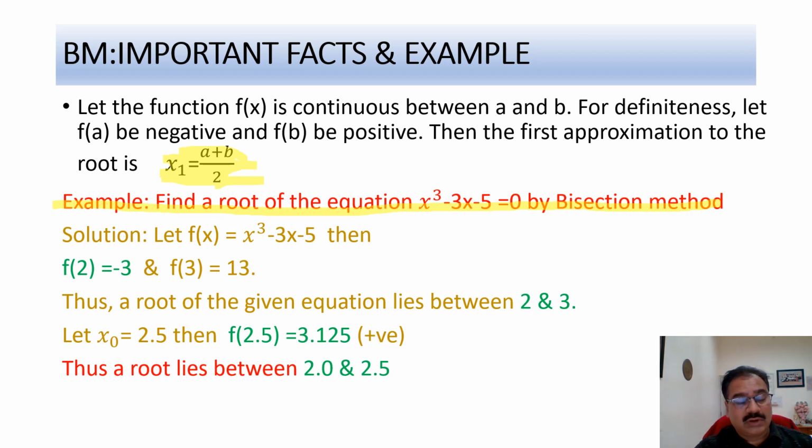So now you look, f(2) is negative and f(2.5) is positive. So now you will go with these two only. You can leave the others, and the root is lying between 2 and 2.5.